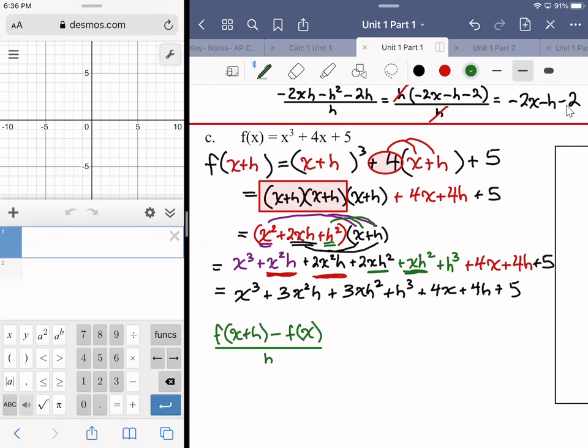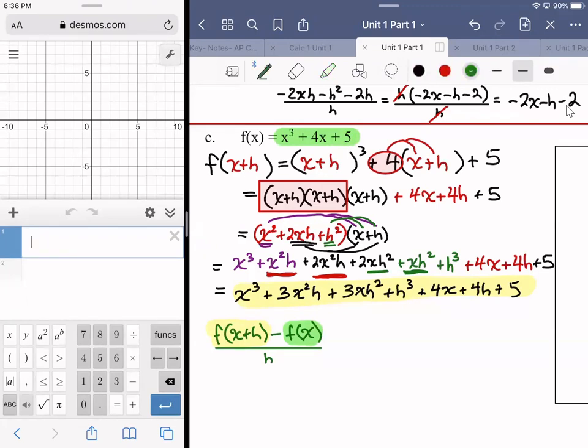All right, so we go to our difference quotient, the whole shebang. We're going to swap out the f of x plus h for this expression, and we're going to swap out the f of x for this expression, because those are the expressions that they're equivalent to.